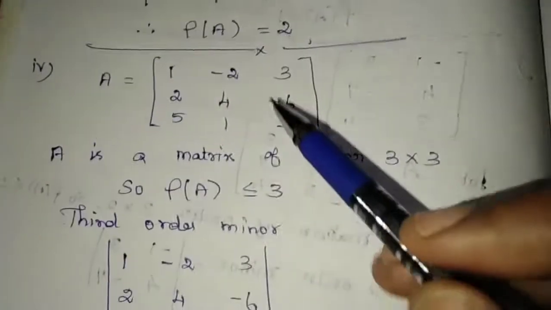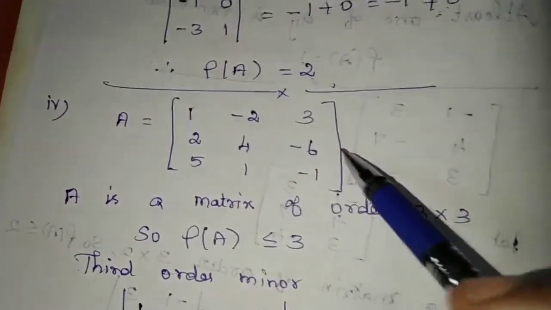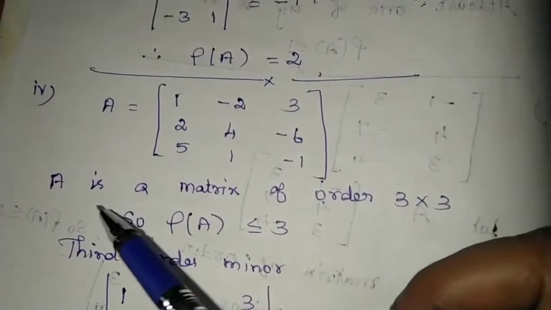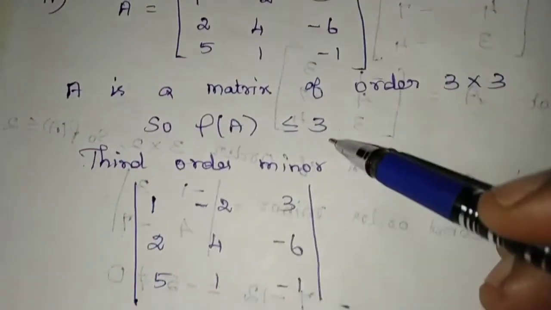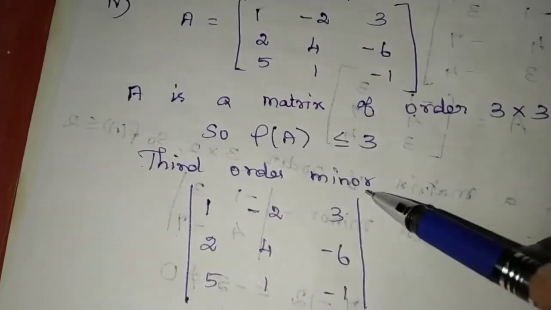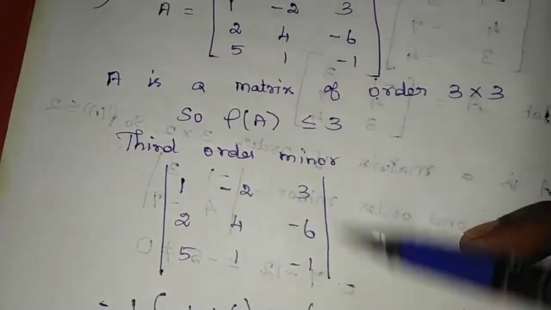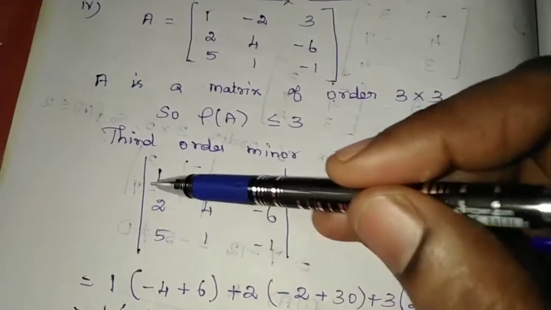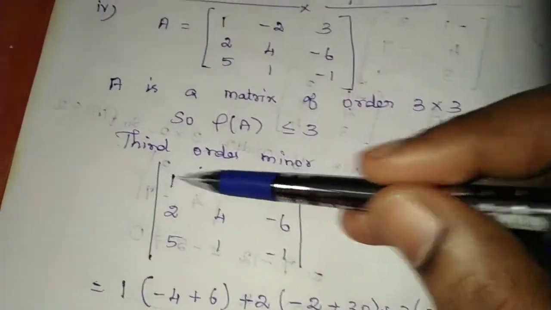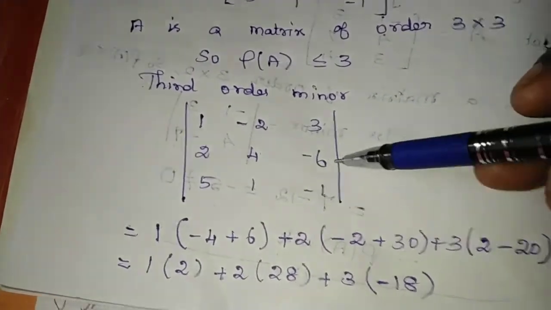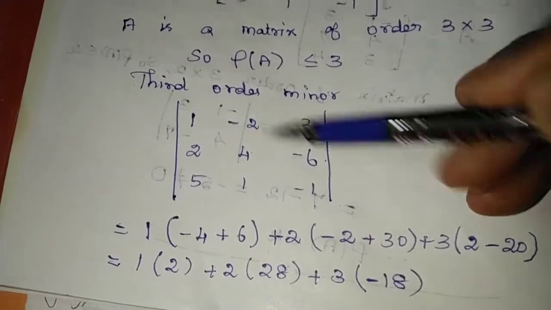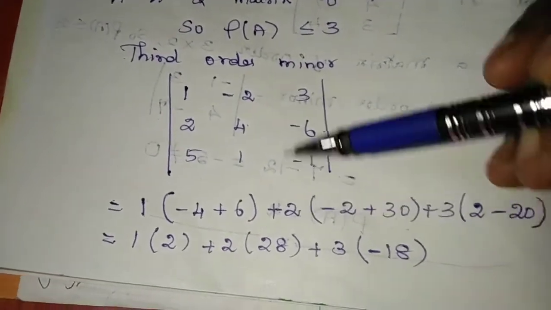Get the answer. And the fourth sum, matrix given 3 by 3. A is a matrix of 3 by 3, so rho of A is less than or equal to 3. Now find the third order minor. Now take the determinant value, expand by first row. 1 here, minus 4 plus 6. Next here minus 2, formula minus plus 2.